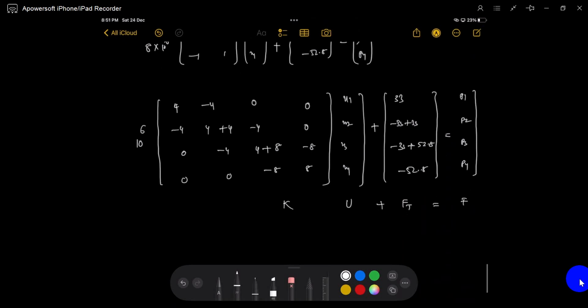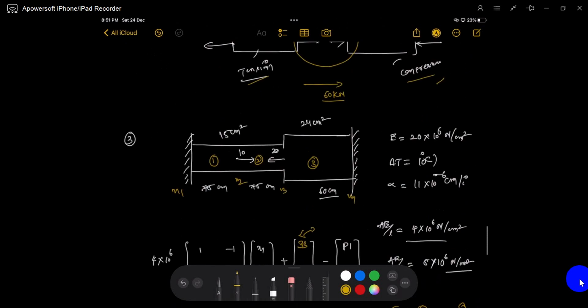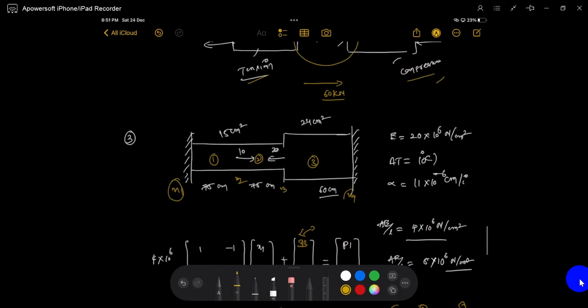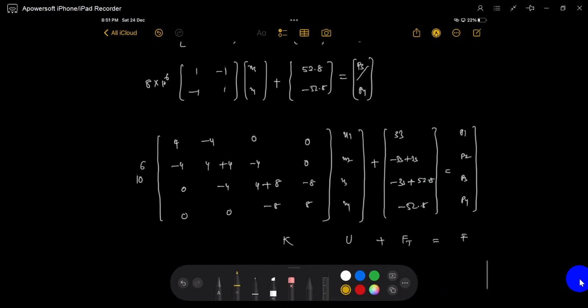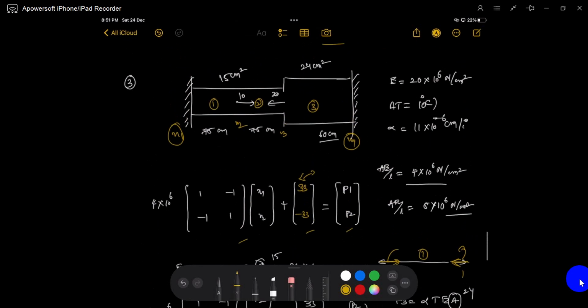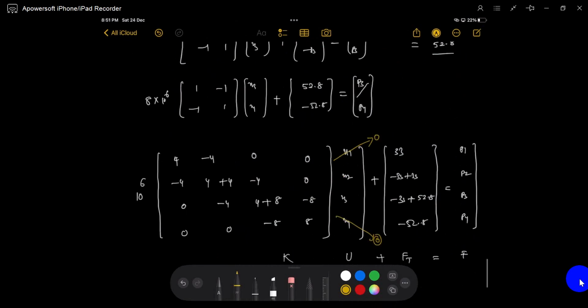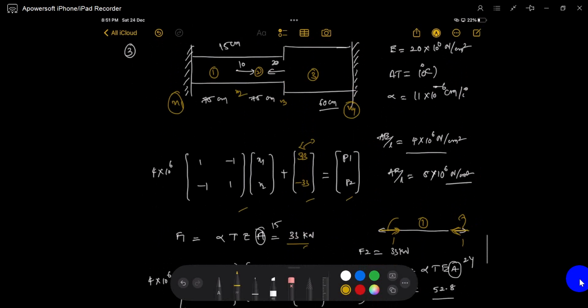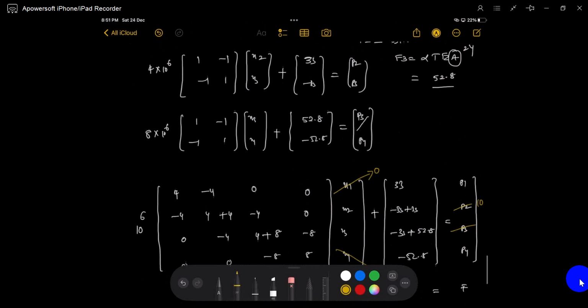So now solve it, and before that you can apply boundary conditions. What are the boundary conditions? U1 is 0 and U4 is 0, and also P2 is 10, P3 is minus 20, it's left side.